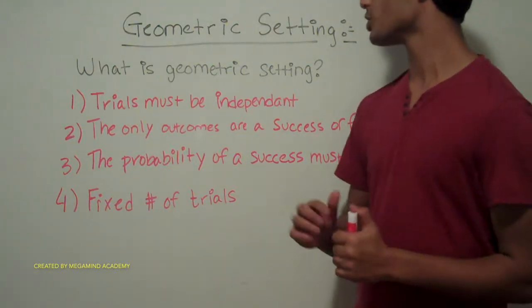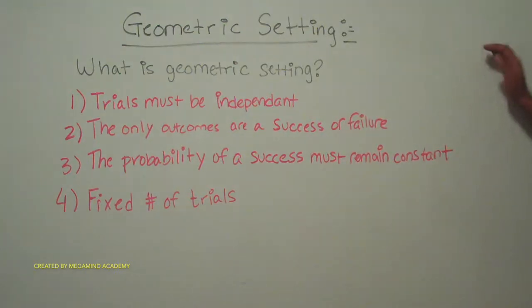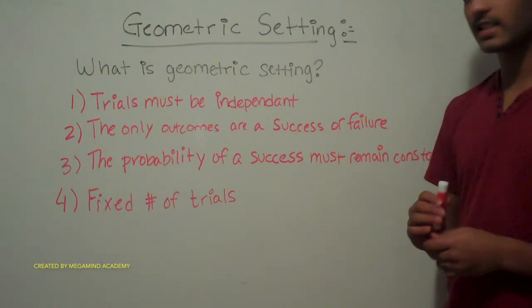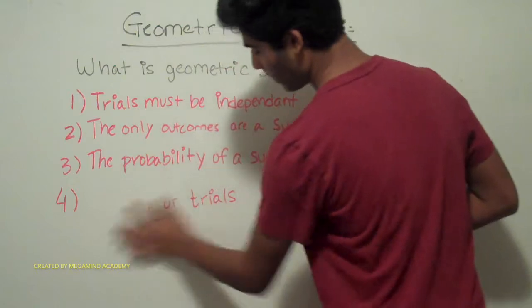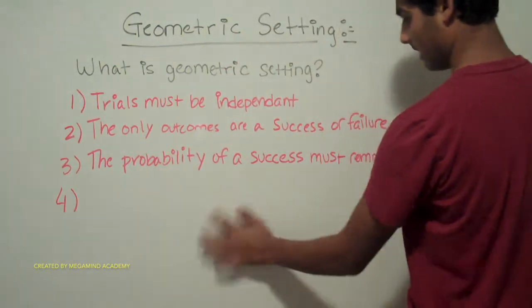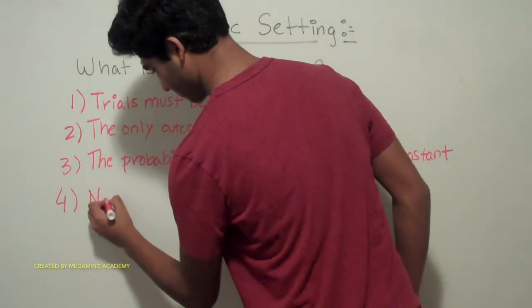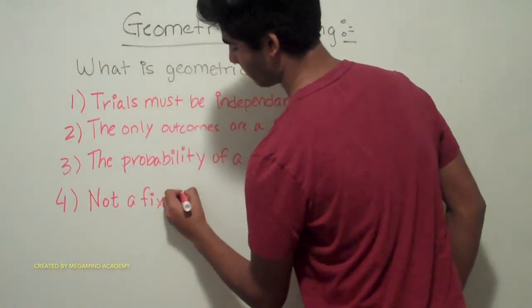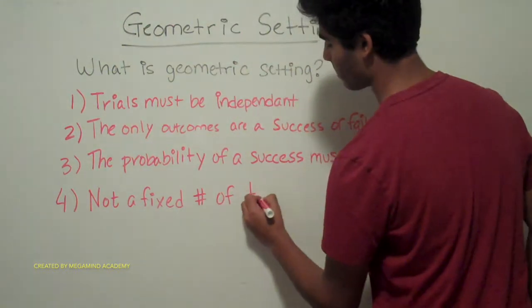So now let's move on to geometric setting. Geometric setting has the same first three conditions, but the last condition is different. The last condition says that there is not a fixed number of trials. And we'll get to why that is in a second. Not a fixed number of trials.